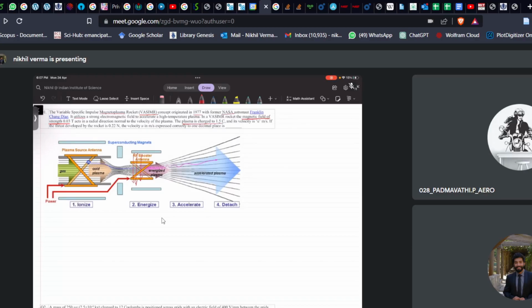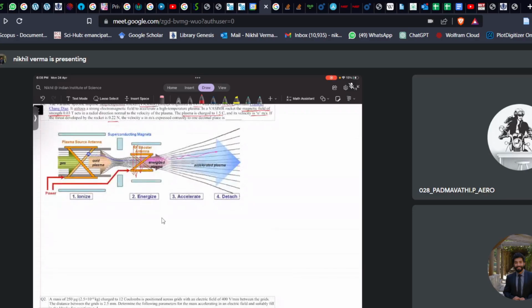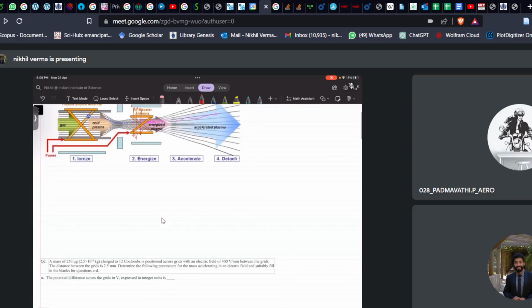We have to find the velocity, and it is given that the thrust of the rocket is 0.22 Newton.